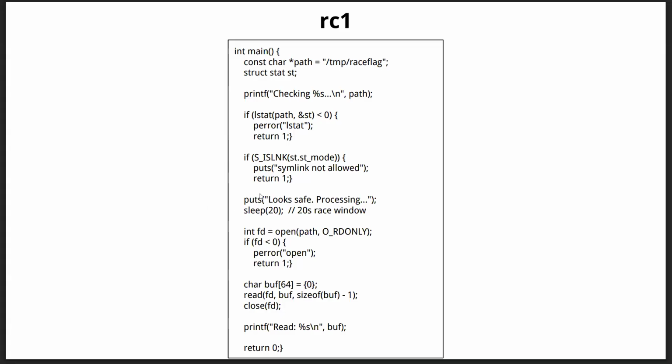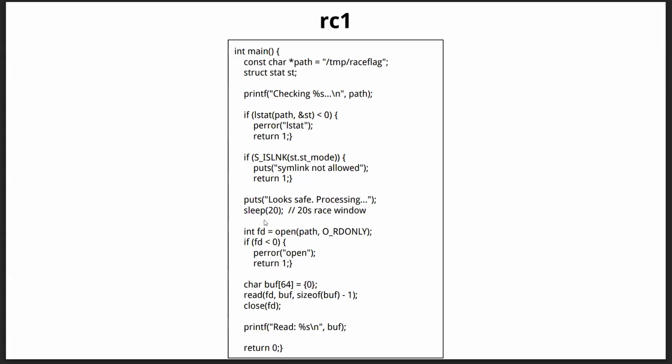However, if it is not a symbolic link, it will keep running, and it will sleep for 20 seconds. Just to make this easy for you to attack, I sleep 20 seconds. In real world bugs, they will not sleep 20 seconds for you, but there are many methods you can use to make it somehow sleep there.